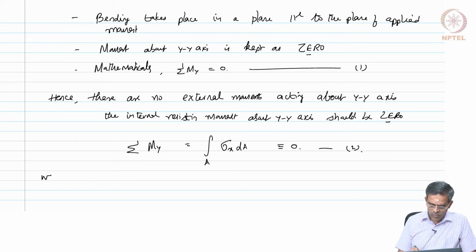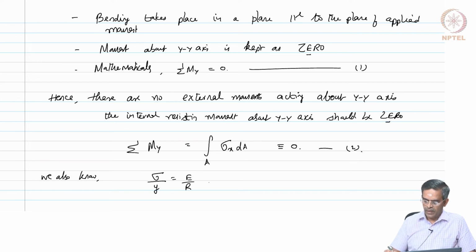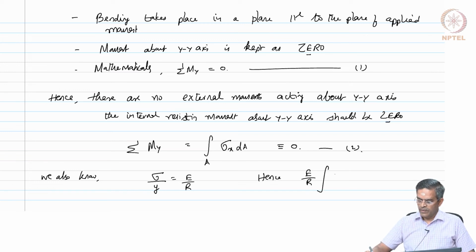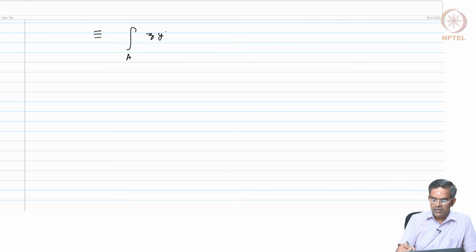Now, we also know sigma by y is E by R, hence E by R into the integral of z y dA over the area A should be equal to 0. We call this equation 3.